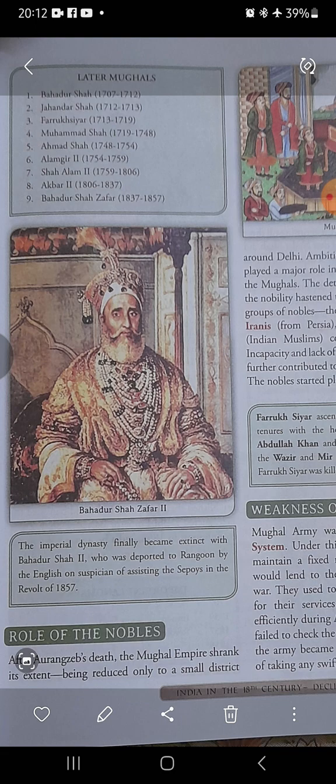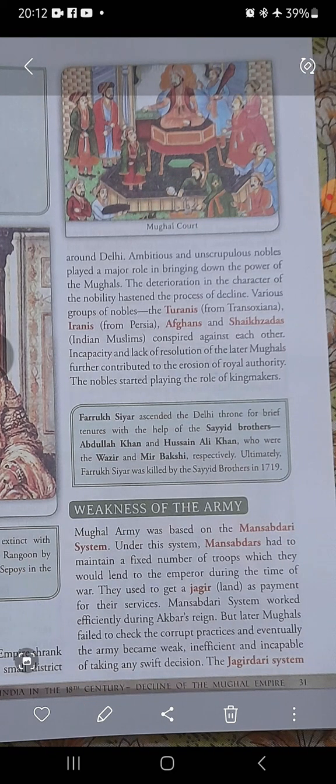Various groups of nobles like the Turanis from Transoxiana, Iranis from Persia, Afghans and Shahzadas, that is the Indian Muslims, conspired against each other. The incapacity and lack of resolution of the later Mughals contributed to the erosion of the royal authority. The nobles became the kingmakers. Because of the absence of proper rulers, the nobles now started considering themselves to be the kingmakers.